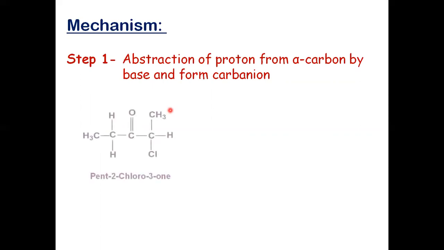To explain the mechanism of the rearrangement, here I am taking the example of pentan-2-one, 3-chloro. Since the reaction is carried out in the presence of base, the first step is the abstraction of alpha proton by base and formation of carbanion 1.